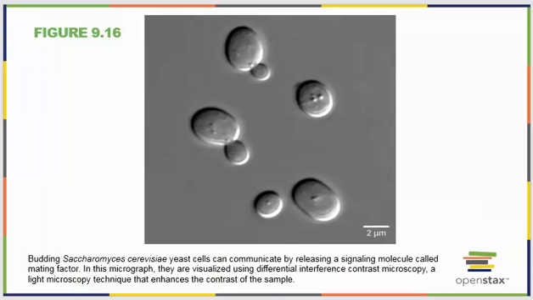Communication in single-cellular organisms is a little bit different. Yeasts are eukaryotes, but they're fungi, and the components and processes found in yeasts are similar to those of cell signal receptor molecules in multicellular organisms, but still a little bit different. In order to find another haploid yeast to mate with, budding yeast cells will secrete a signaling molecule known as a mating factor.